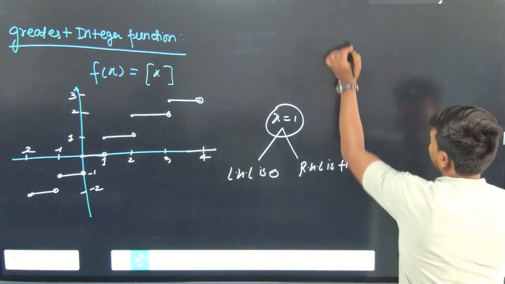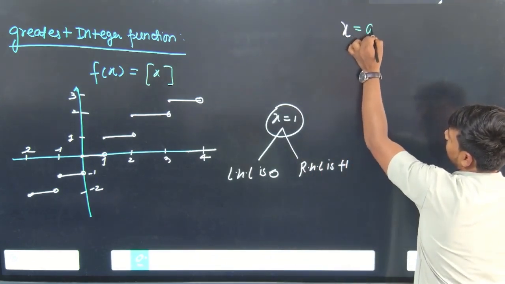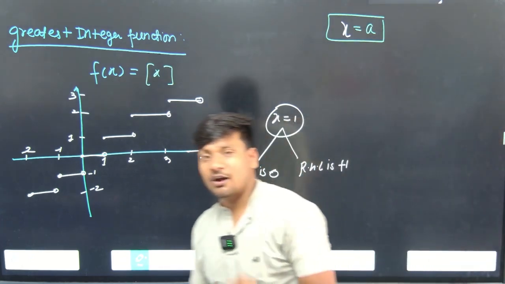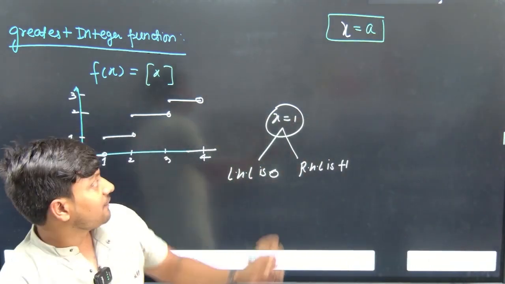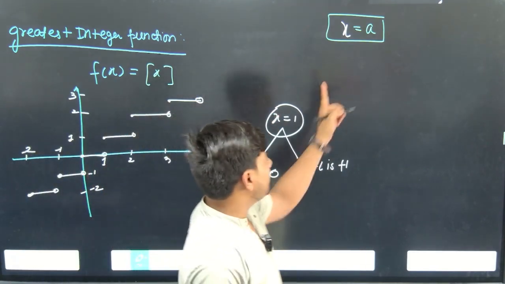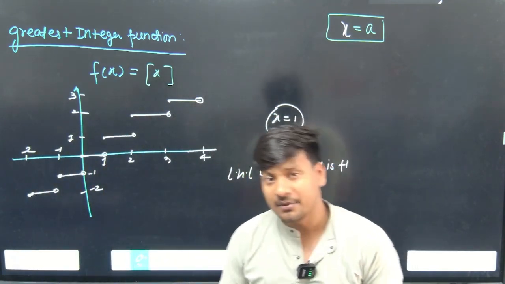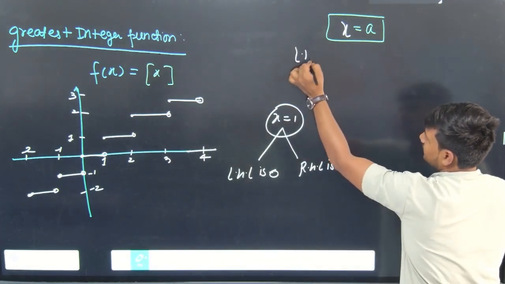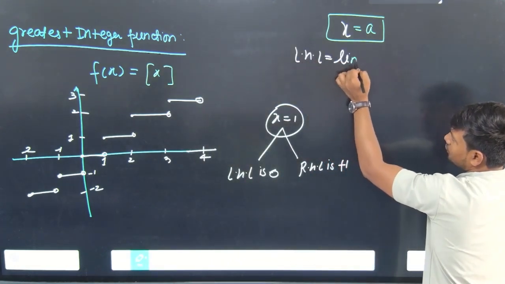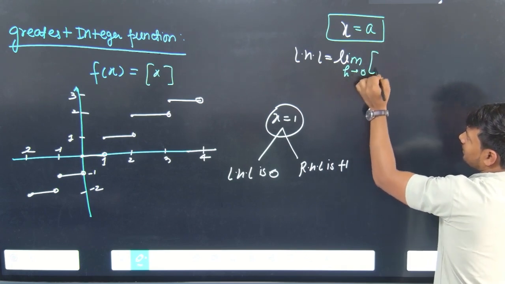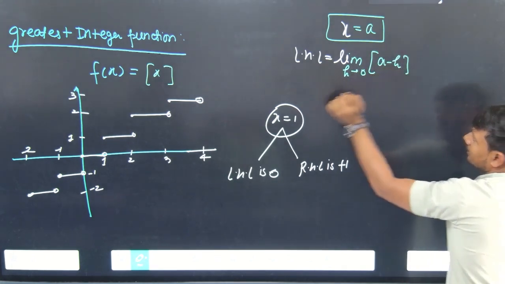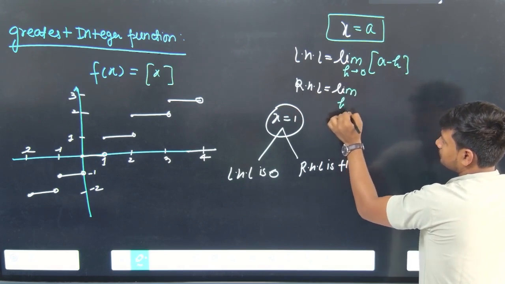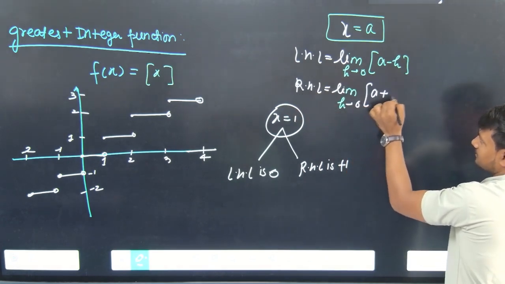Also, if we have any integer point x equal to a and want to discuss the continuity of the greatest integer function at x equal to a, we will find the left hand limit as well as the right hand limit at x equal to a. So LHL is limit h goes to 0 of [a minus h], and RHL is [a plus h].